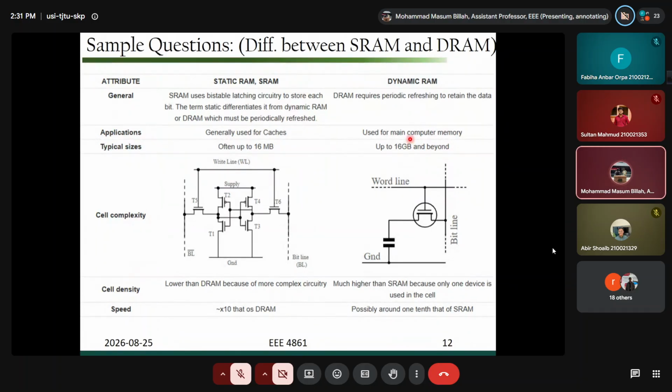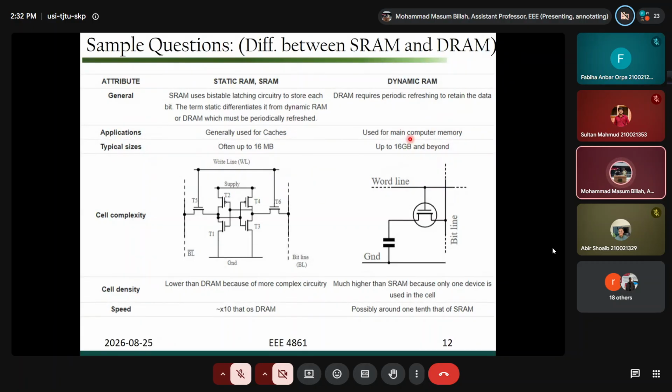You should know how SRAM stores the data, how DRAM stores the data, why DRAM speed is smaller as compared to SRAM. SRAM is higher speed, or speedier than DRAM. Why? How to get the data from SRAM, how to get the data from DRAM.